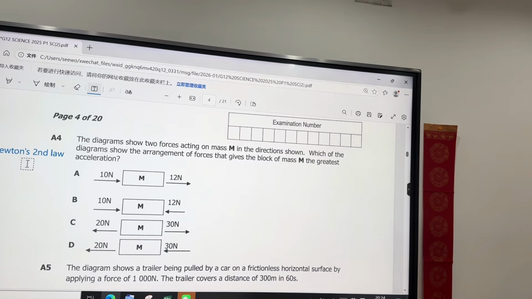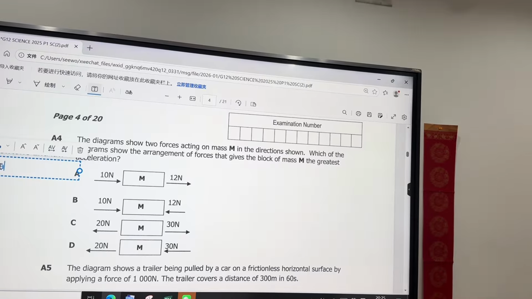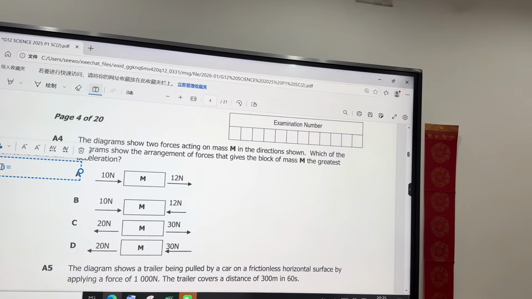Newton's second law of motion states that the acceleration a of a body is directly proportional to the net force acting on that body, but inversely proportional to the mass of the body. So acceleration, small letter a, is equal to the net force divided by the mass.